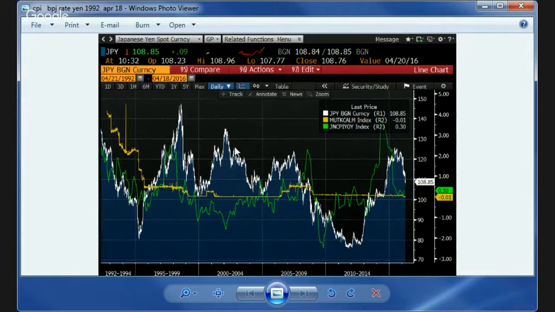The white is the yen, dollar yen, and this is the most important, the green is year-on-year inflation. So you ask, how can anyone be interested in a bank account or a government security where you have to pay to get your money back?